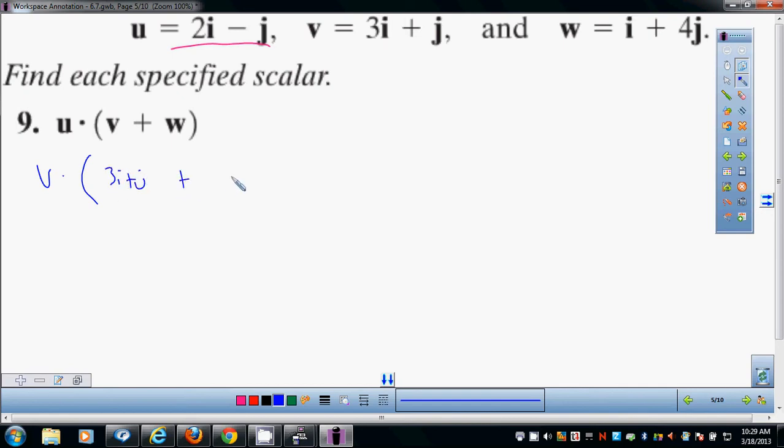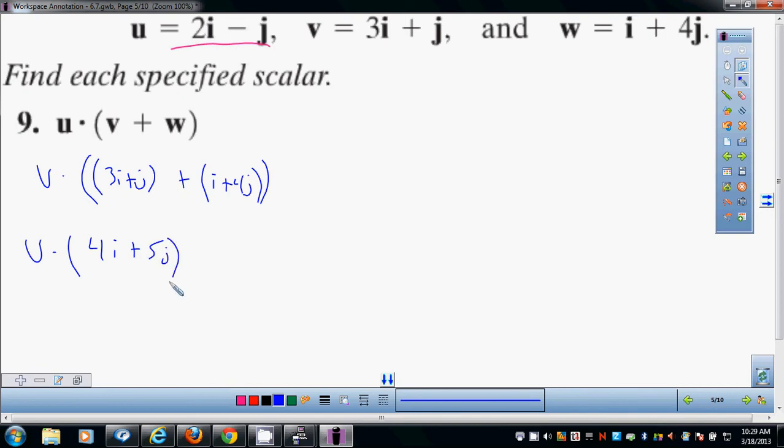So what's the trick to doing the first portion, Sarah? What is the trick to doing this first addition problem? Like terms, right. So there'll be u dot 3i plus 1i is 4i. 1j plus 4j is 5j. So u dot 4i plus 5j.